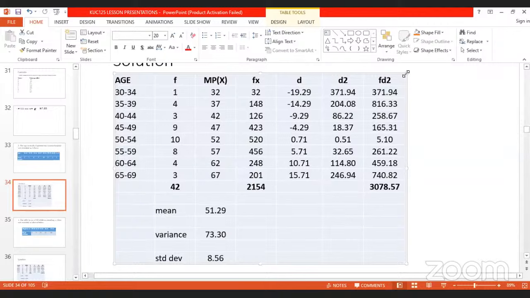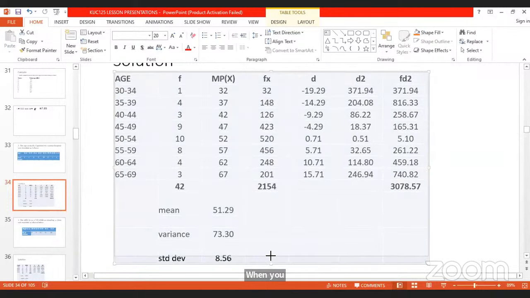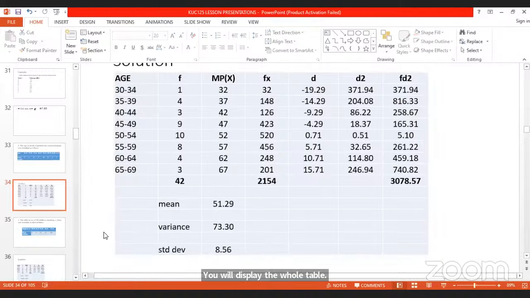Ndio walitaka. They will display the whole table. There it is. It's a bit from it.